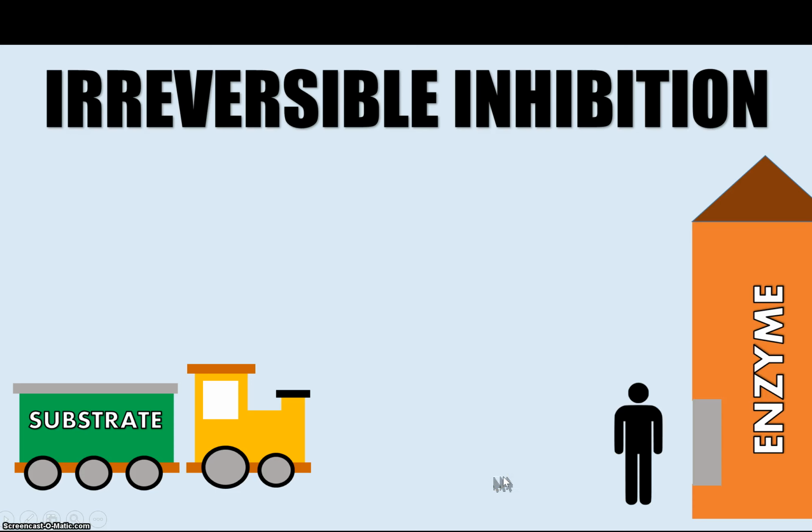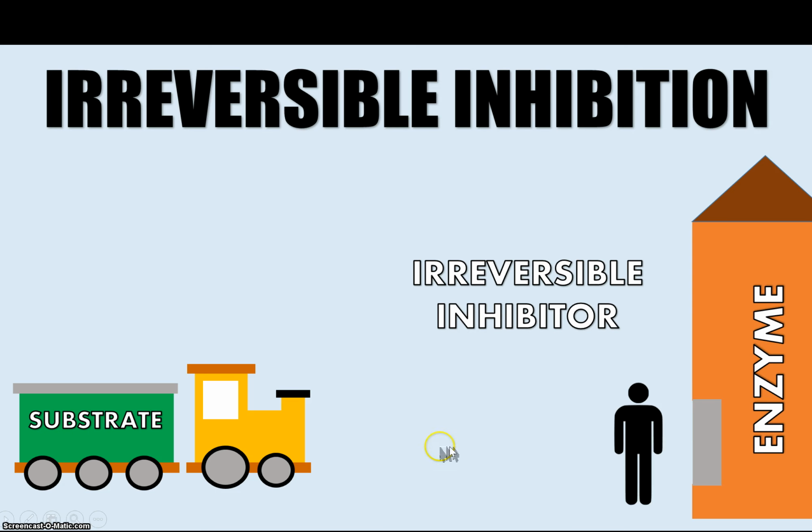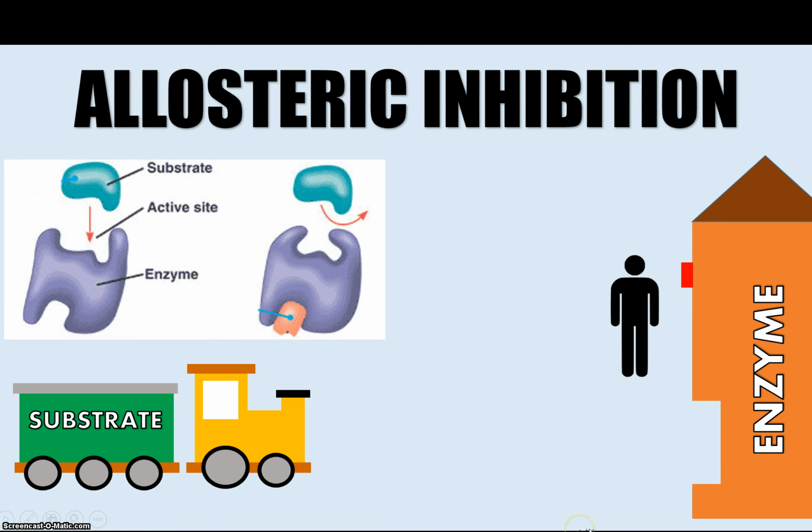This could be important during, like, developmental stages, because you need something and then something that you don't really need, like signaling, or a protein that helps you define your arm or your leg, you can stop it from existing because obviously at some point we have to stop growing or stop signaling for certain things. So that is irreversible inhibition. And the person here is the irreversible inhibitor.